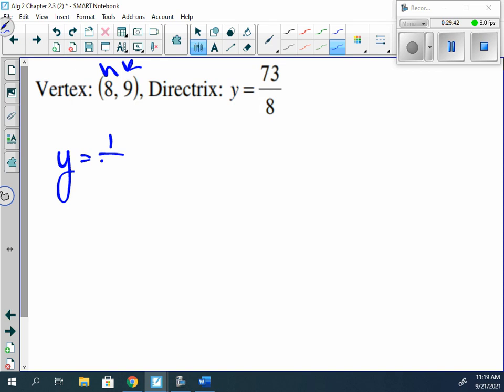Y equals 1 over 4p, parentheses, x minus h squared plus k, because the directrix y equals is for our y equals 1 over 4p, parentheses, x minus h squared plus k. It just connects with those two.